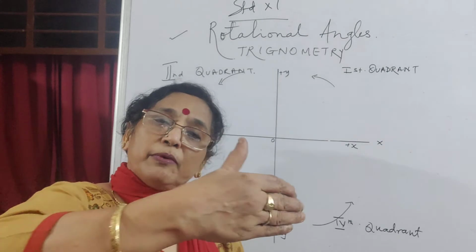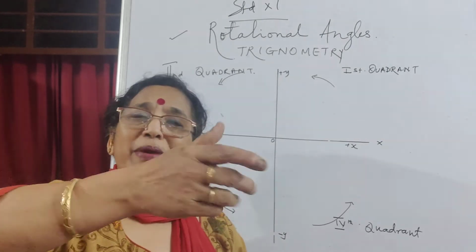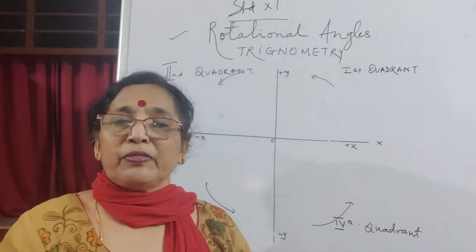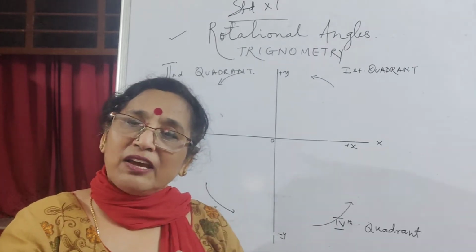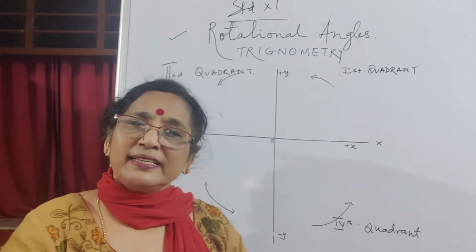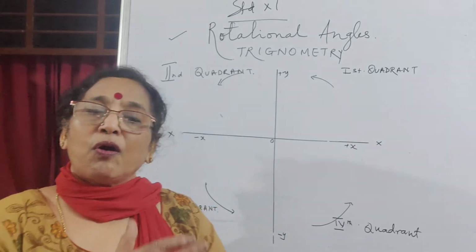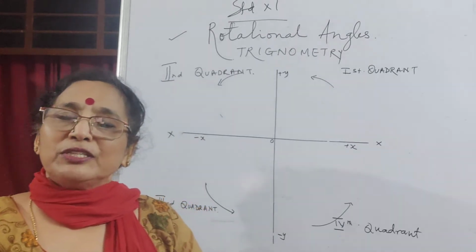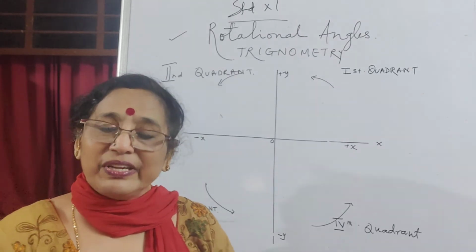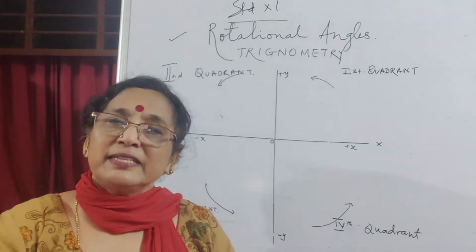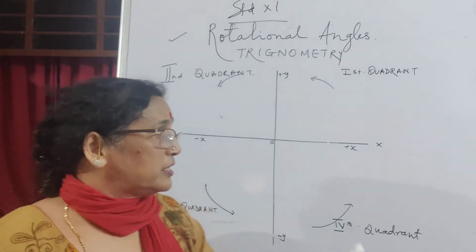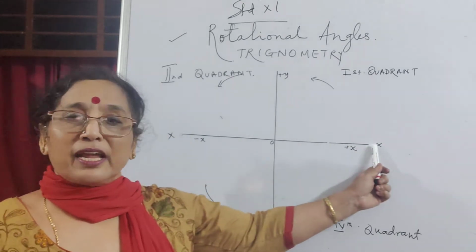So when I rotate one round, I come back to my starting line. That means the angular displacement is 0 degrees. So when I say 360 degrees or 720 degrees or 1080 degrees, all multiples of 360 degrees, actually your angular displacement is 0 degrees. We come back to the starting line.